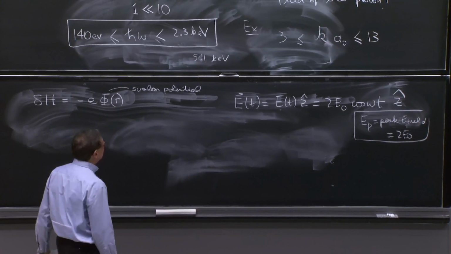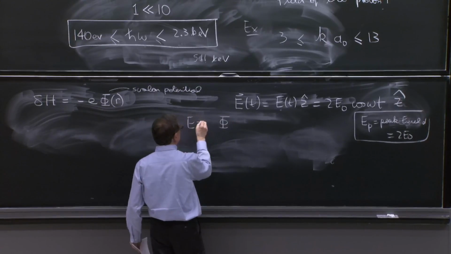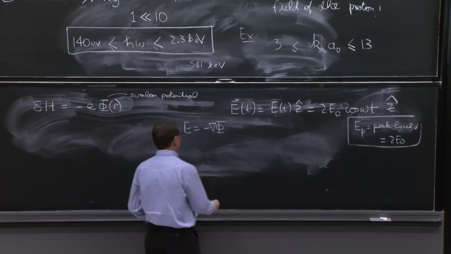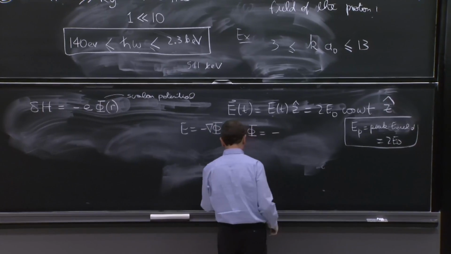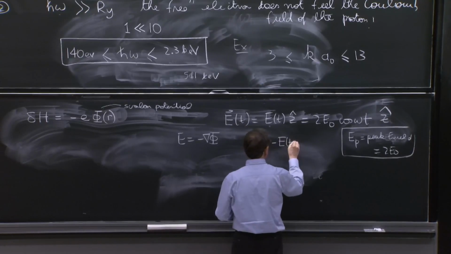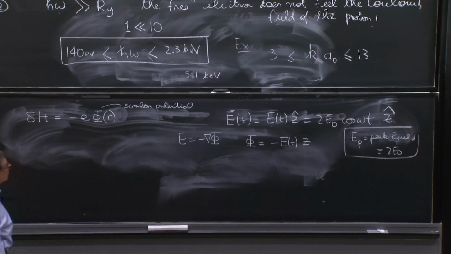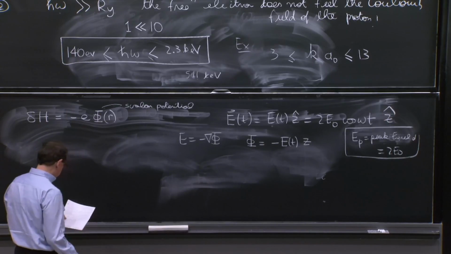Well, when you have an electric field like that, the electric field is minus the gradient of phi. And therefore, we can take phi to be equal to minus the electric field as a function of time times z. So if you take minus the gradient, you get the electric field. And therefore, we have to plug it all in here.